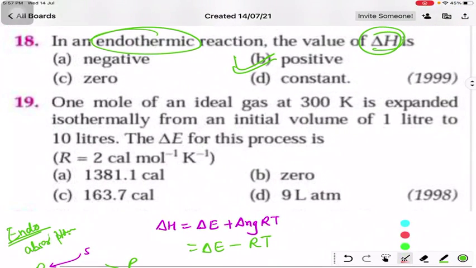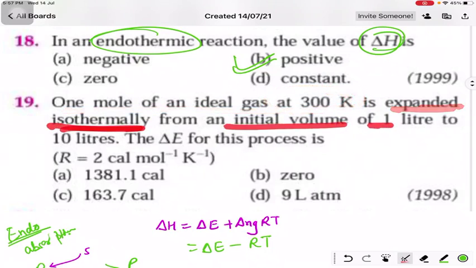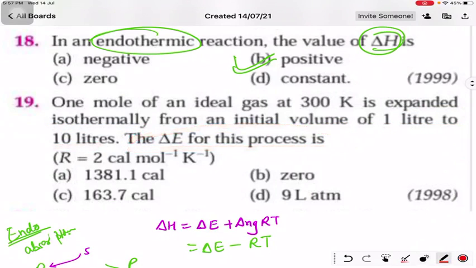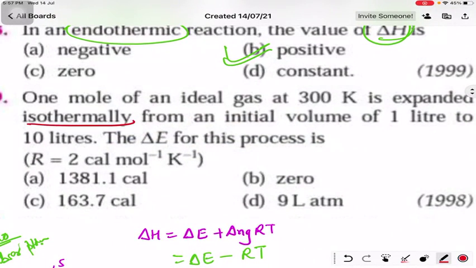Last question is, 1 mole of an ideal gas at 300 Kelvin expanded isothermally from an initial volume of 1 liter to 10 liter. The del E of this process is? Now thermodynamics is quite an easy branch. You have to focus on the processes, the isothermal process.